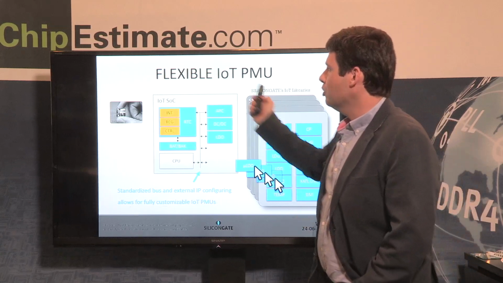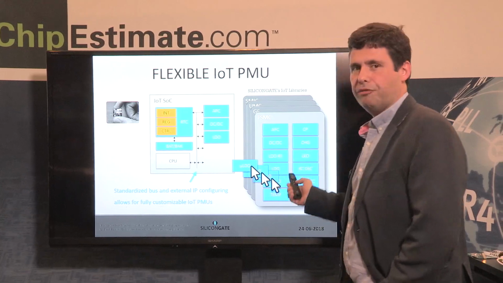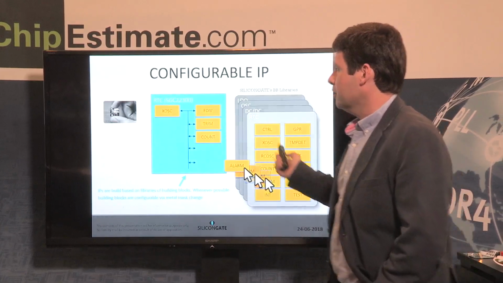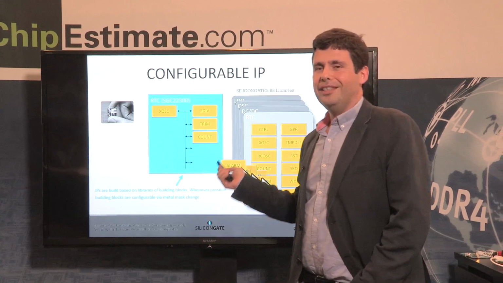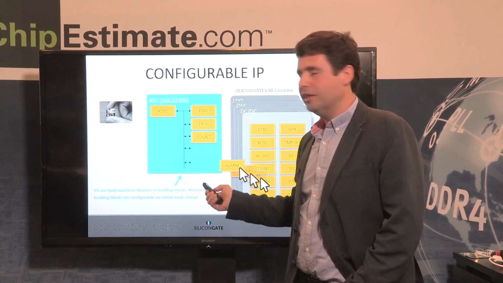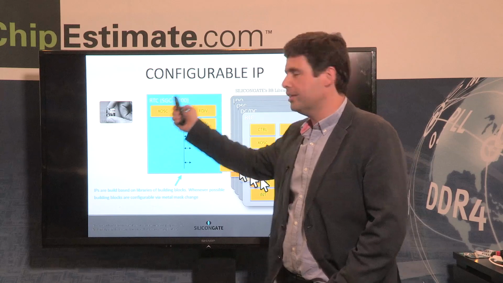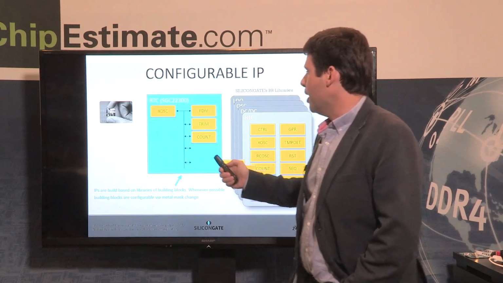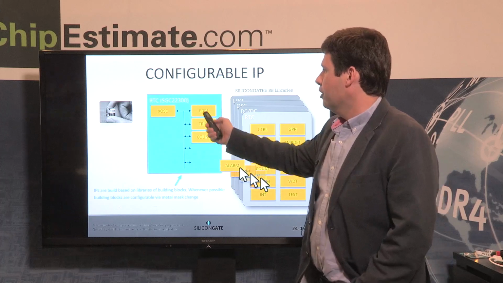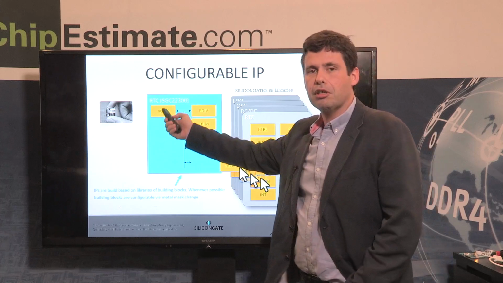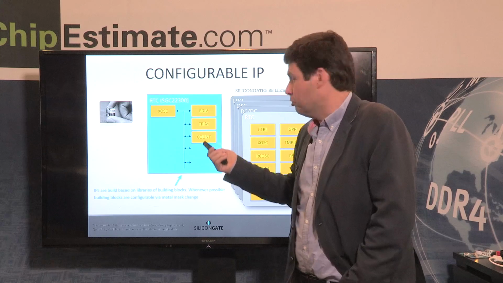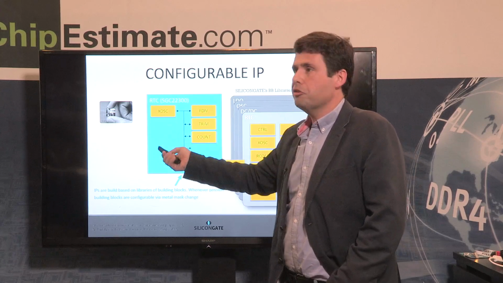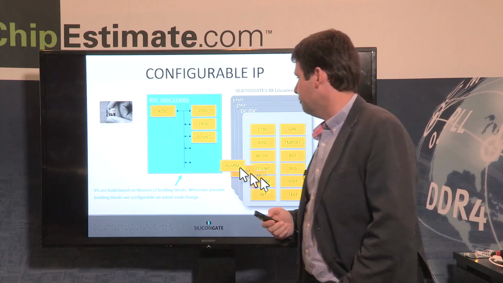But it's not enough that you have these IPs available. Each IP also needs to be configurable, because in power management, it is very rare that different systems will have exactly the same requirements. So for instance, your real-time clock might need a crystal oscillator or an RC oscillator, or even both, or even some anti-tampering functions that could require both oscillators to be there.